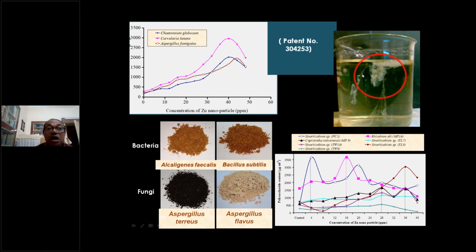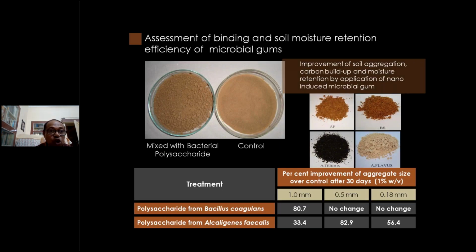So we have developed a method, which we have patented, for polysaccharide powder production. You see, we are producing different polysaccharide powders from different bacteria and different fungi. And if you look here, this is the Joshimath soil. This polysaccharide powder we are using for soil aggregation, moisture retention, and carbon buildup.